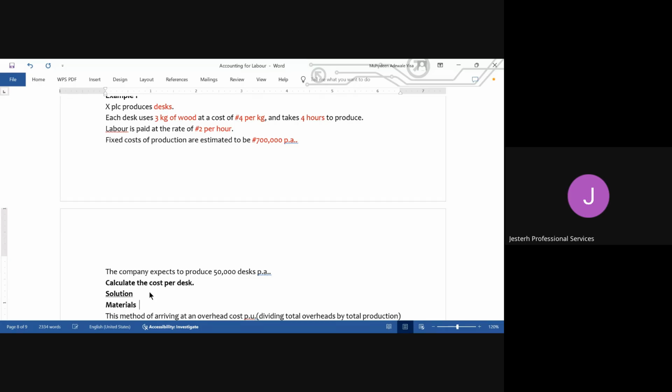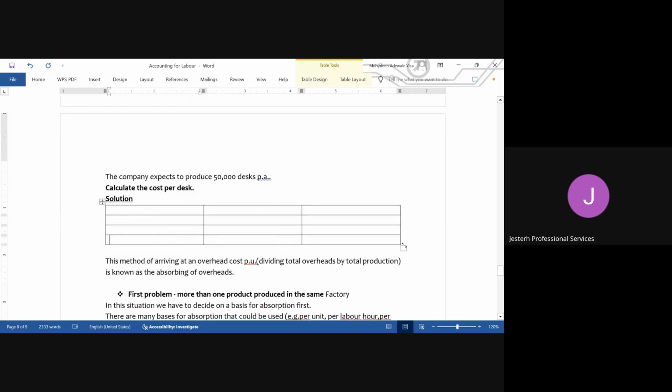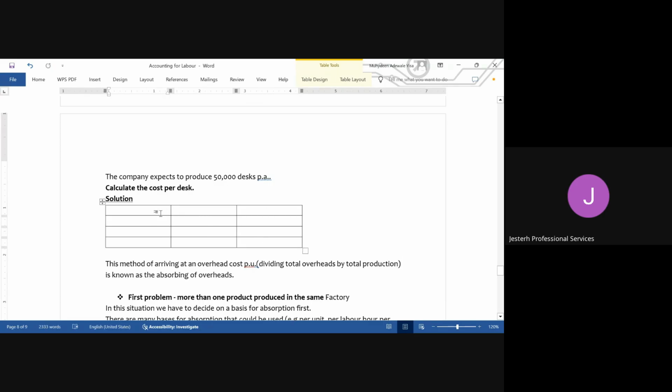So, okay, let me do it this way. Just give me a few minutes. Where is the table? Let me do it this way. See if here will be okay. Description.